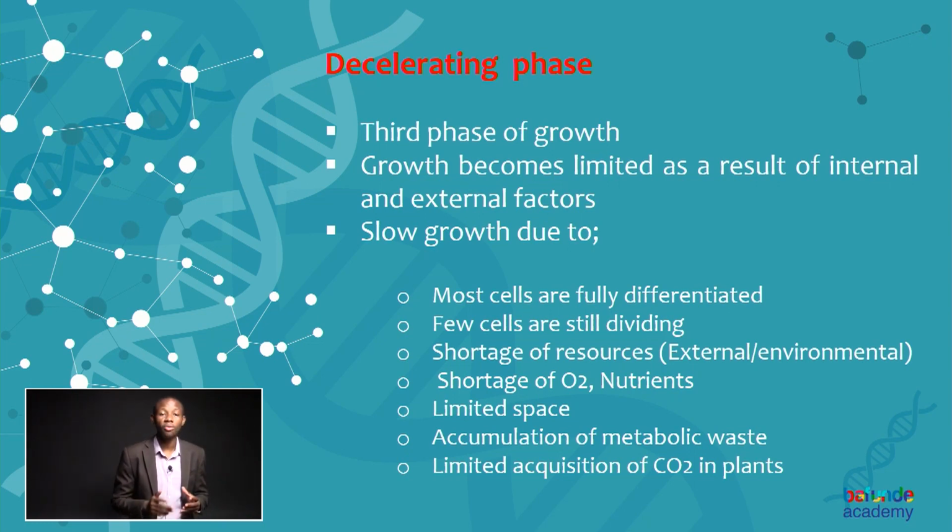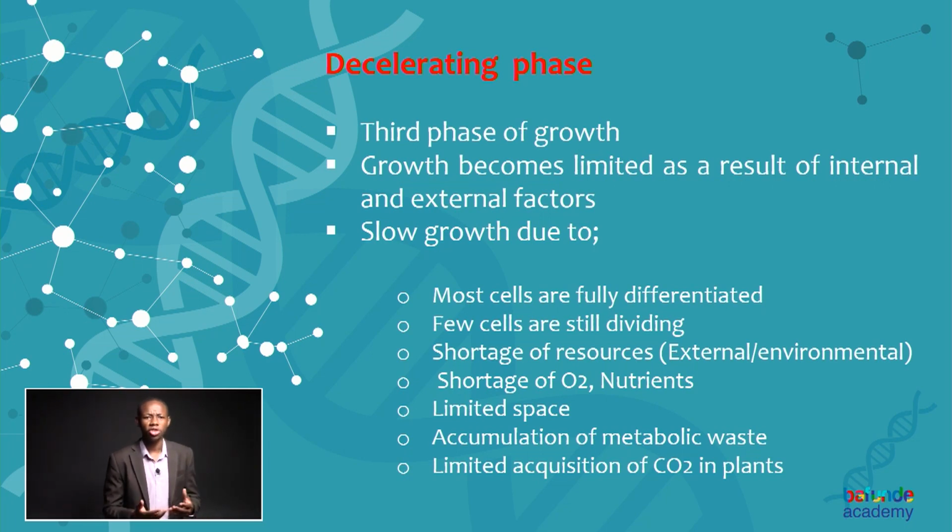Then accumulation of metabolic waste. Remember, cells divide, and they give out metabolic waste in form of urea, in forms of CO2, depending on species and organism. So when there's accumulation of metabolic waste, we know that living organisms cannot thrive in its presence, because this waste becomes toxic and can kill cells.